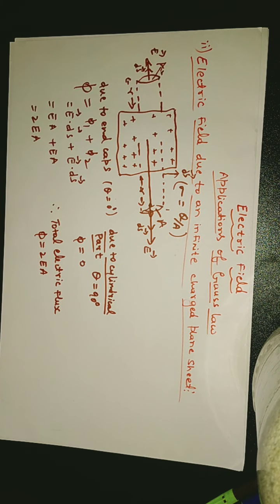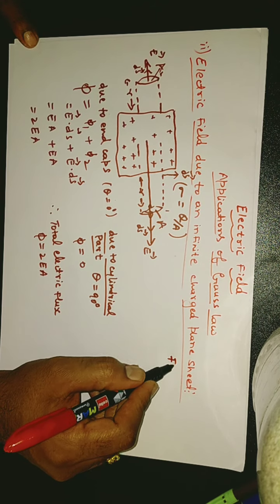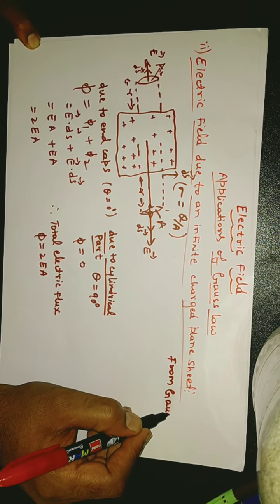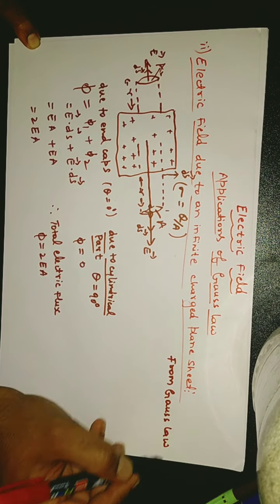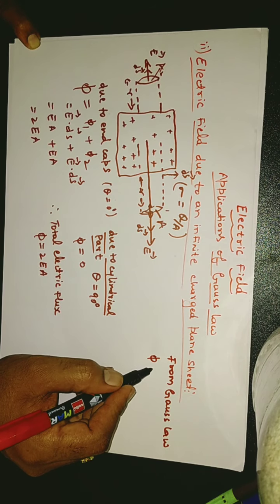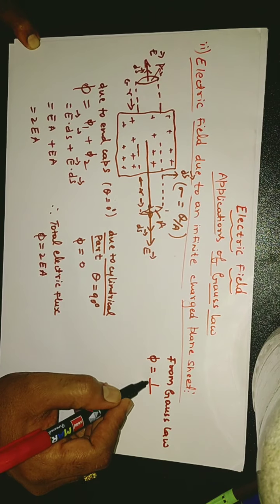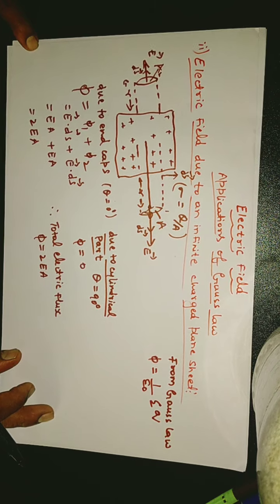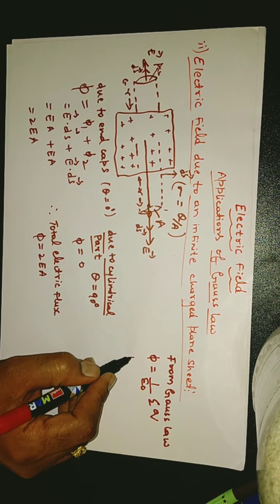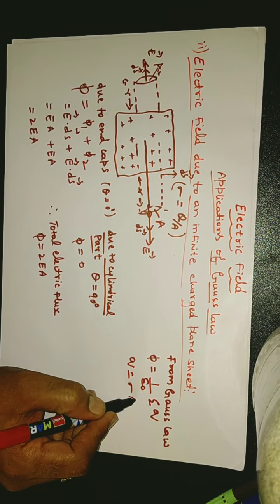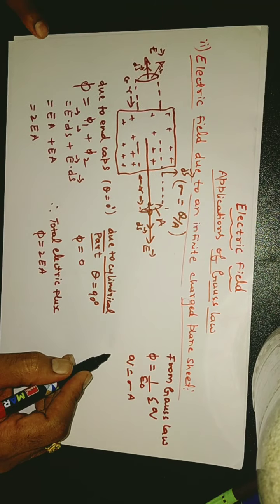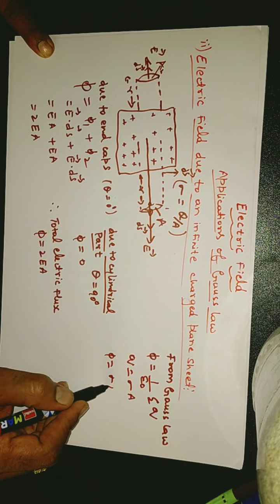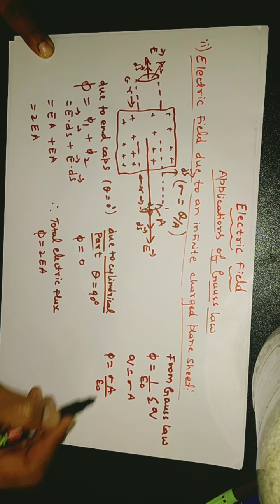Also, from Gauss law, we know that electric flux is also equal to 1 by epsilon naught times sigma q. But we know that q is equal to sigma into A. Therefore, phi is equal to sigma into A by epsilon naught.